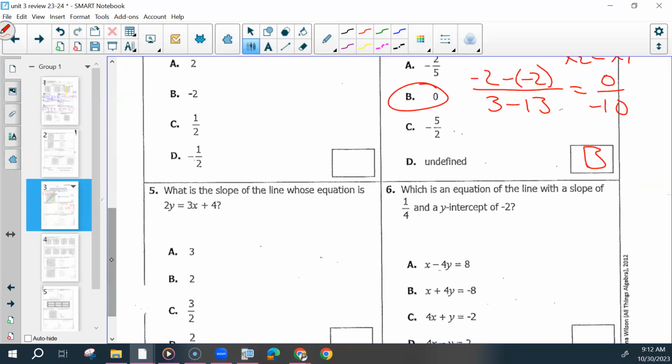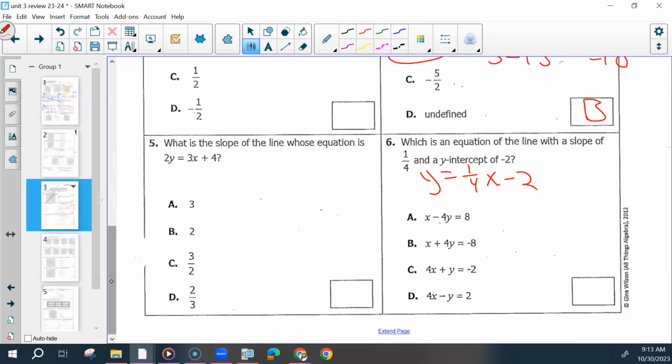For number 6, if we need an equation that has a slope of 1/4 and a y-intercept of -2, we know at the end it's supposed to look something like y equals 1/4 x minus 2. None of these are in slope intercept form. If this would help you, I would say look at just solving for the y-intercept. Just looking at this part to see would that help, but these all will give you negatives.